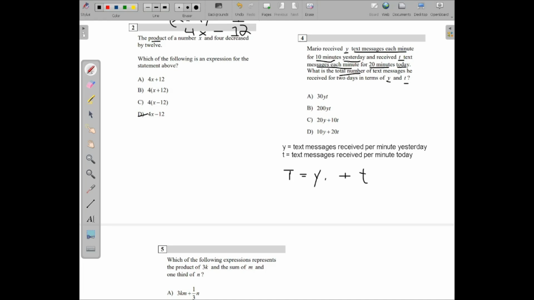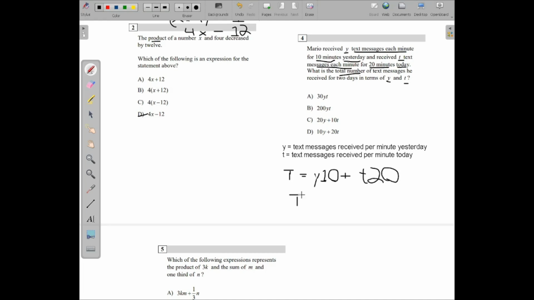So that's y times 10 plus t times 20, because we receive a t amount of text messages per minute for 20 minutes.